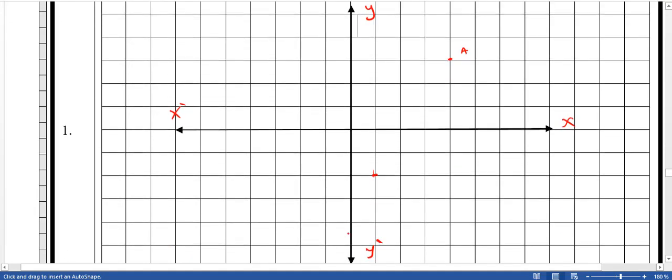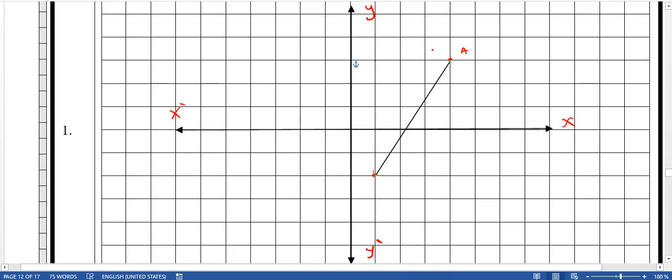Like this. We'll match these 2 points here. This is AB, okay? This is what AB is.